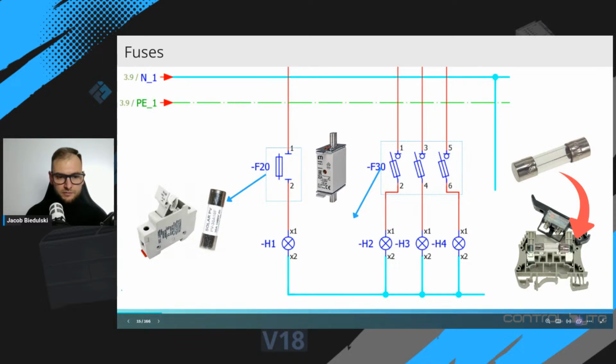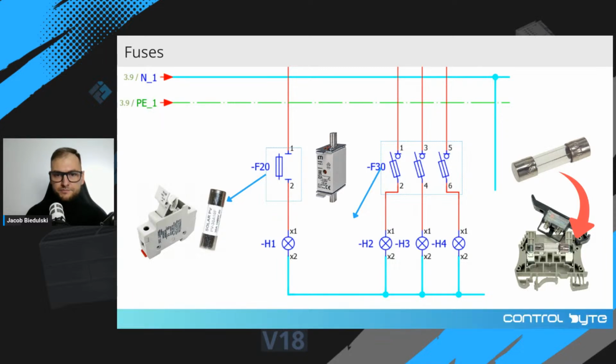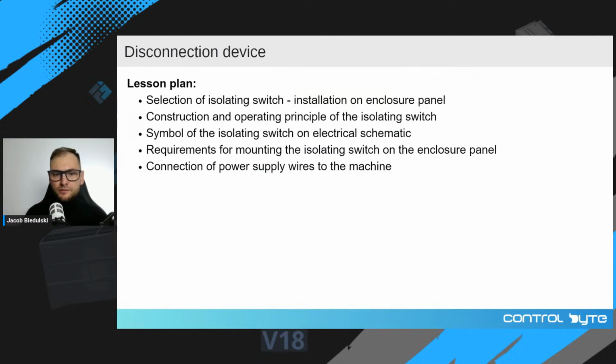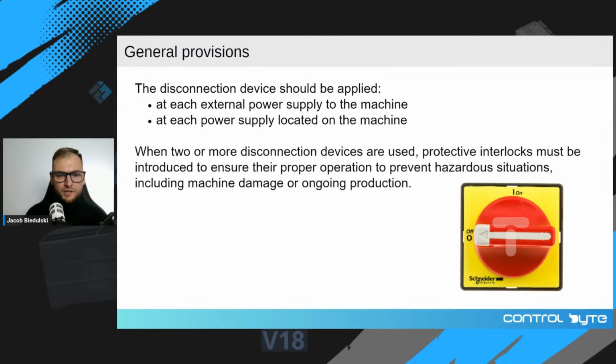For example, you can also find disconnecting devices with fuses inside that are used in control cabinets for industrial machines. Okay. And today we will talk about disconnection devices that should be applied for industrial machines.